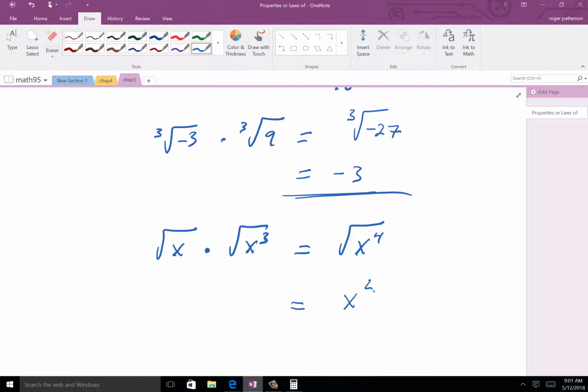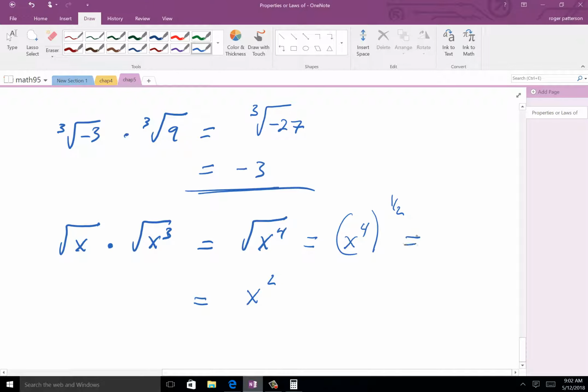Now that you know about rational exponents, I could rewrite this as x to the 4th to the 1/2 power. Now if I take this and multiply these, that becomes x to the 2nd. So it's almost easier to go this route. At least you kind of maybe understand it a little bit, why this becomes this thing.